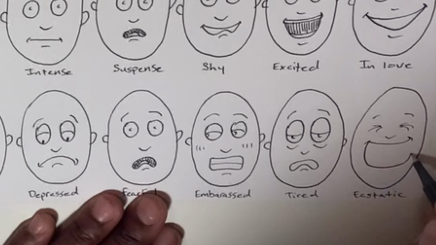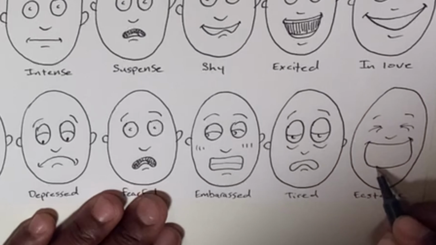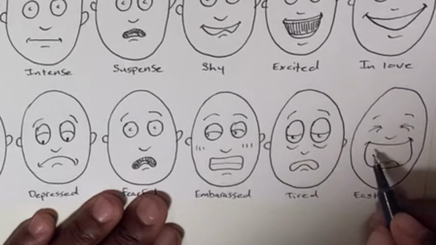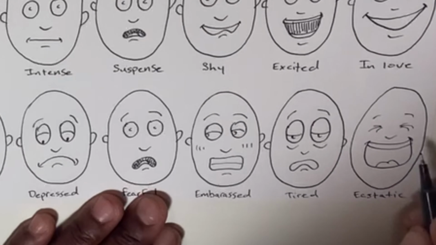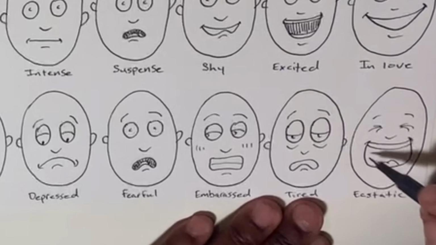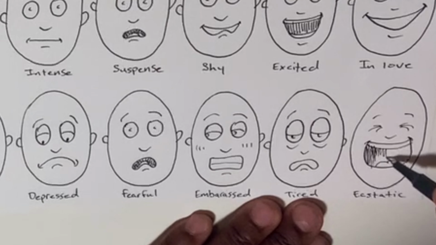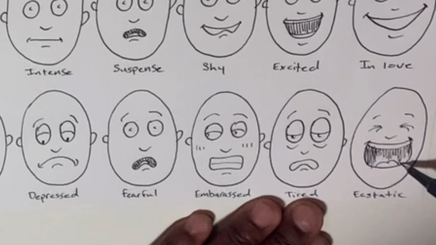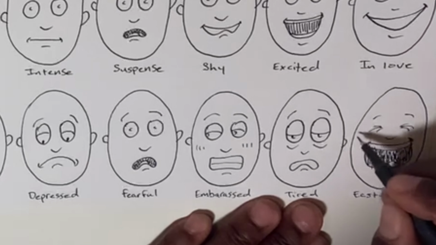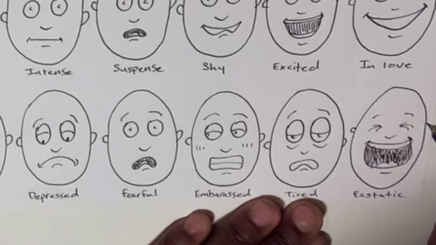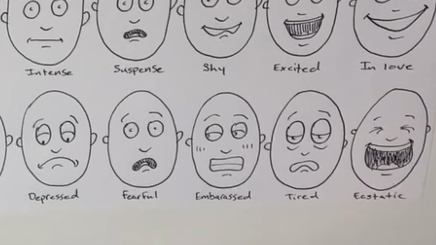Now we're just showing the top teeth and the tongue. Because this is such a wide smile right here. Get the ears up there. And there you have it.